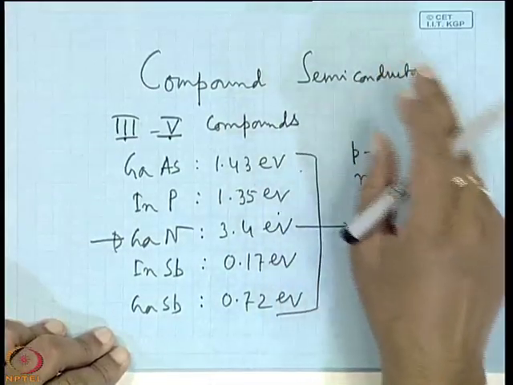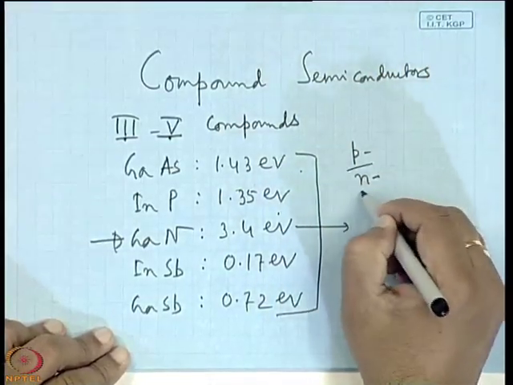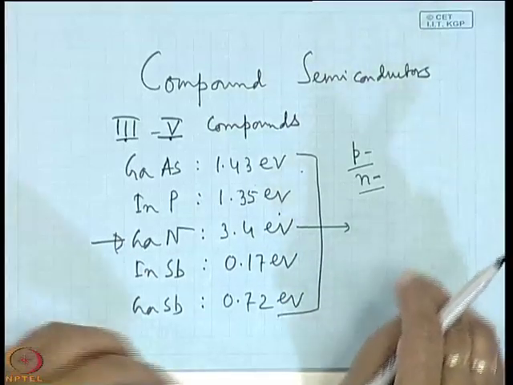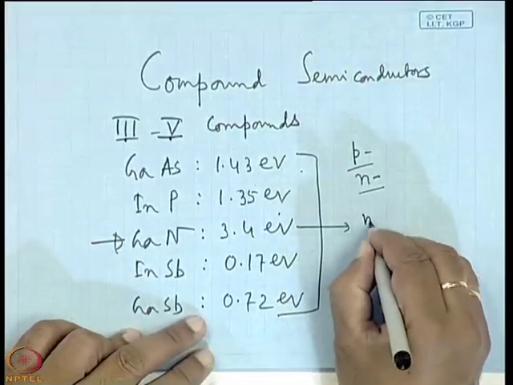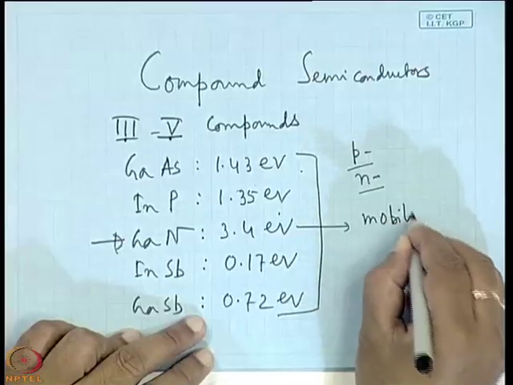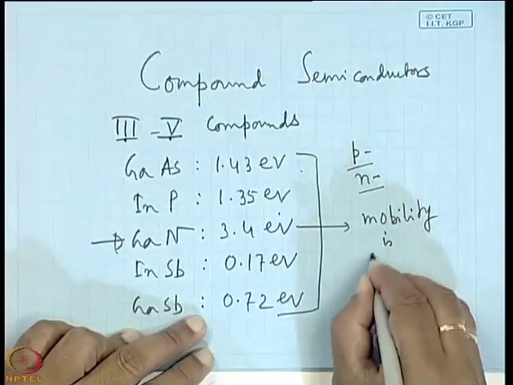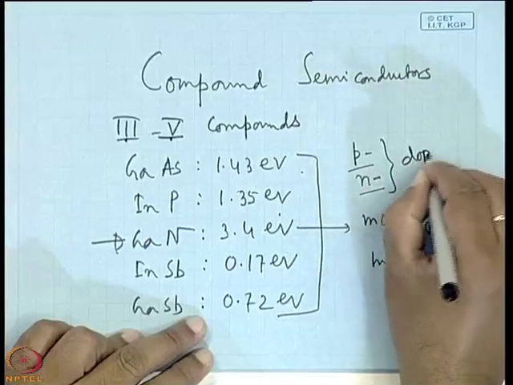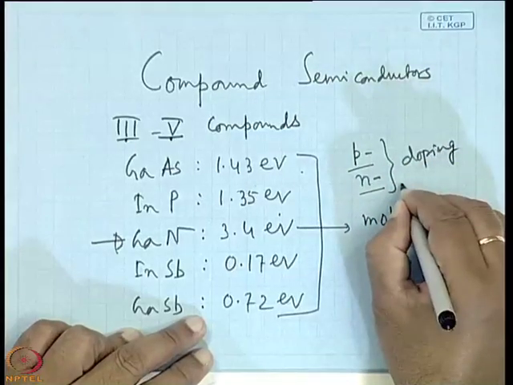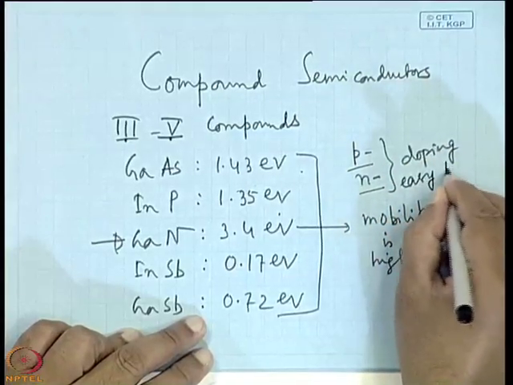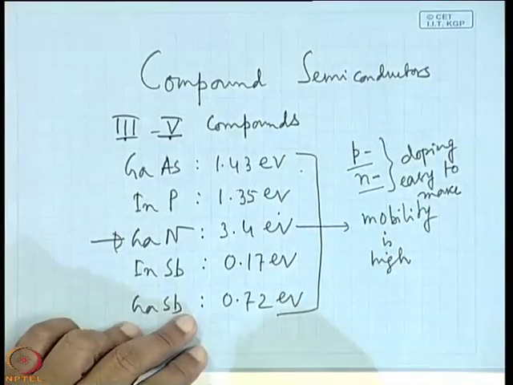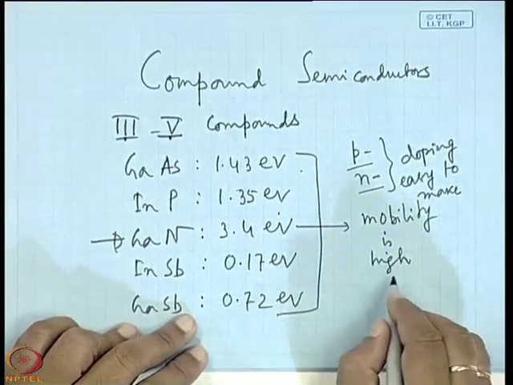So the advantage is that P and N doping can be done, and at the same time mobility is high. P and N doping is easy to make and mobility is high.